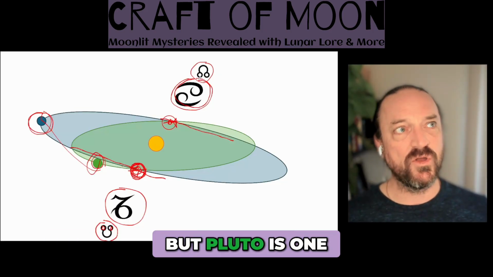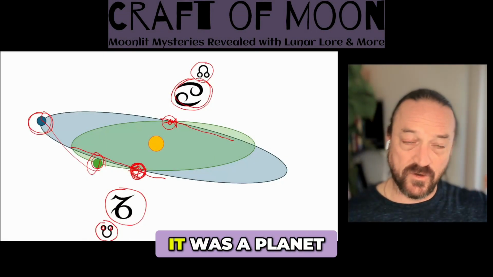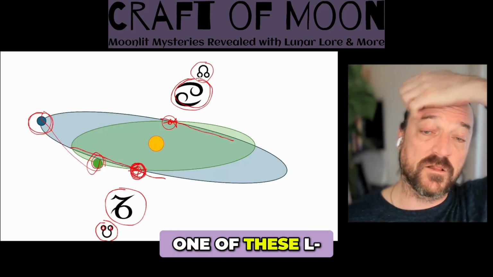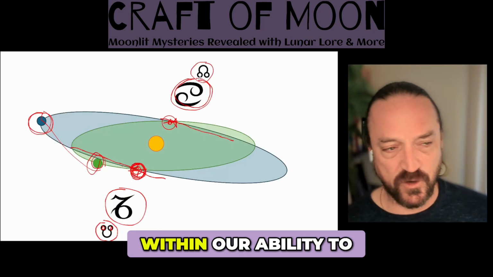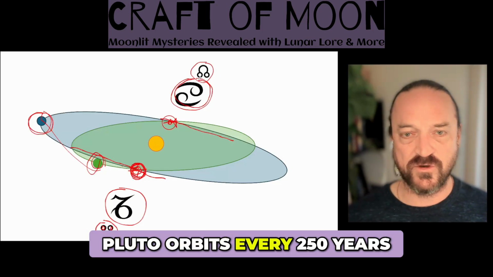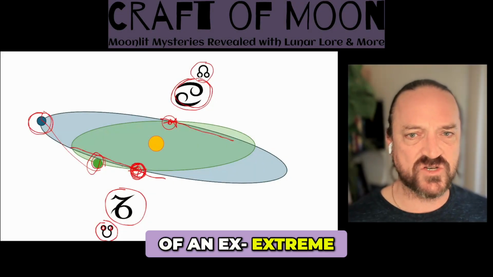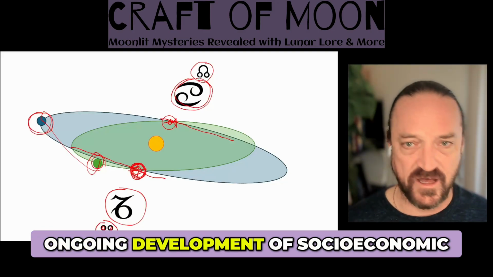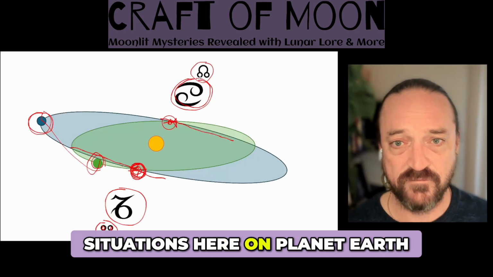But Pluto is one of the, I know astronomers call Pluto the dwarf planet now, but it was a planet. They called it a planet for a while, but we're just talking about one of these long-cycle bodies that are orbiting us and that are within our ability to understand the timeline for. Pluto orbits every 250 years. And so these nodes represent extreme evolutionary points in the ongoing development of socioeconomic situations here on planet Earth.